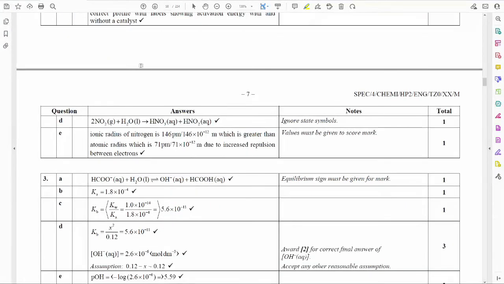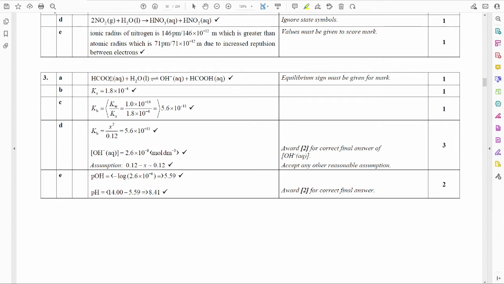Yeah, we did all of these ones. And this one. Yep, it's the methanoic acid anion. So HCOO minus plus, because it reacts, no, hydrolysis of course, so it's not like that.